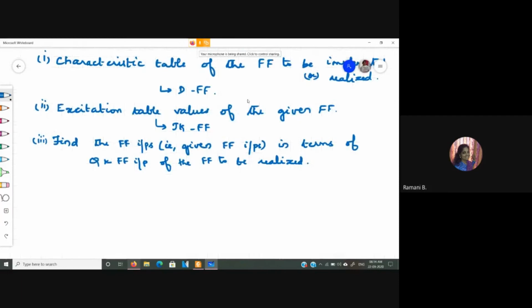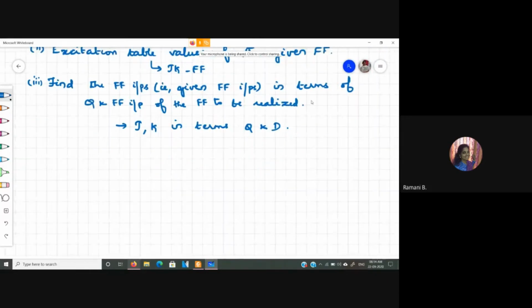Here you will be writing the values of J and K in terms of Q and D. So let us see how we can do this.